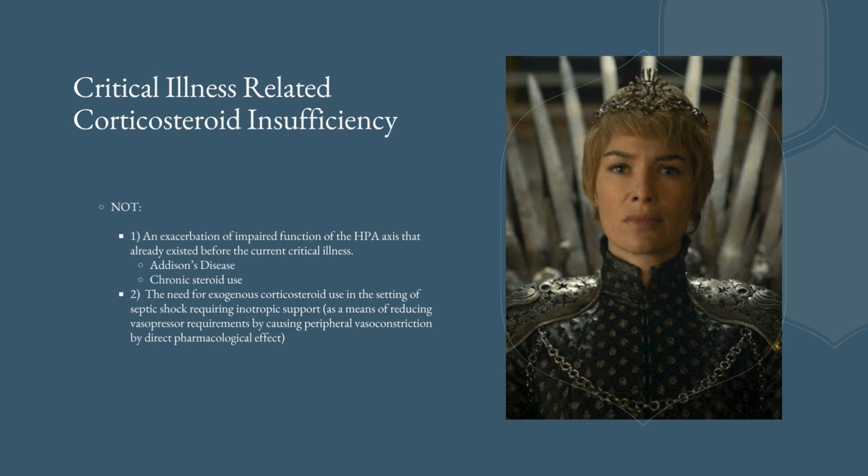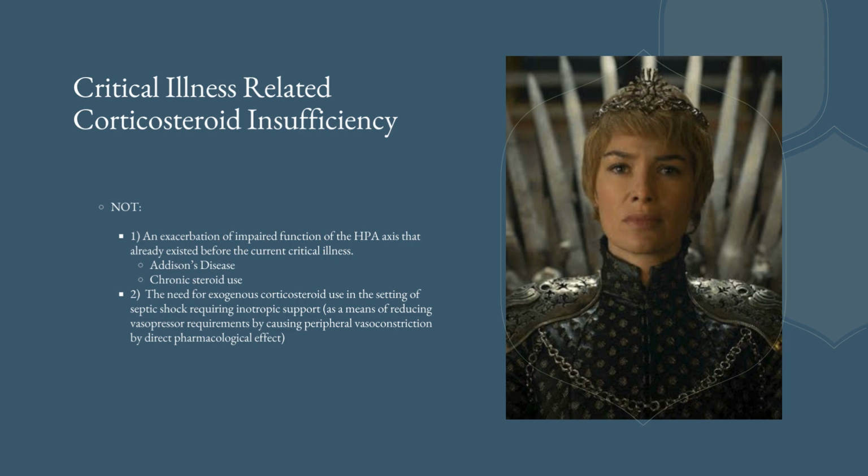It's a bit of a complex, weird-to-understand topic, but I find it easier to define it by what it's not. So what it is not is an exacerbation of impaired function of the HPA axis that already existed before the current critical illness. For example, in patients with known Addison's disease, or patients that we often have in internal med on chronic steroid use, who now get a critical illness and their steroid requirements jump.